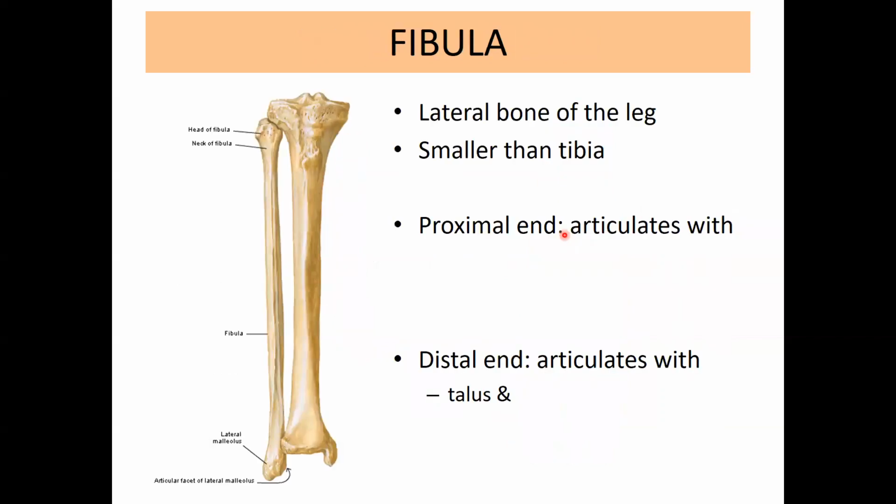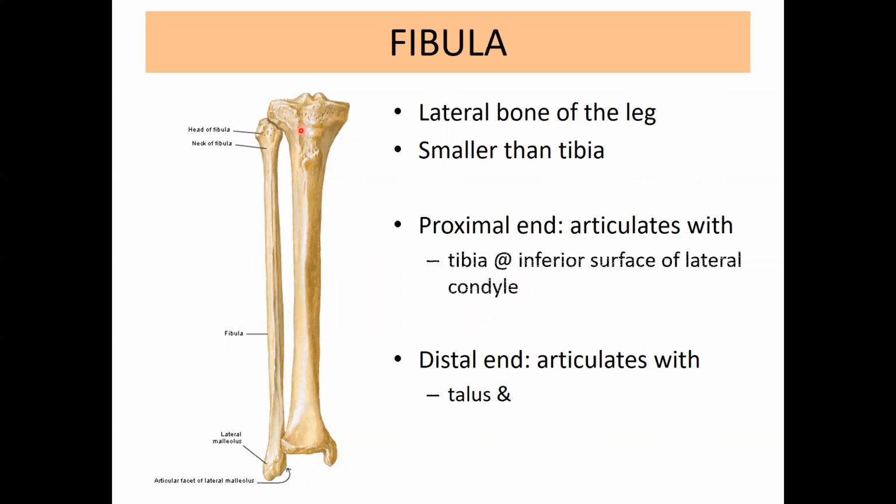Okay, fibula. The next bone is the fibula. This is the tibia, you know already. Now it's the fibula. The fibula is the lateral bone of the leg. It is smaller than the tibia, and its proximal end articulates with the what? Do you know?